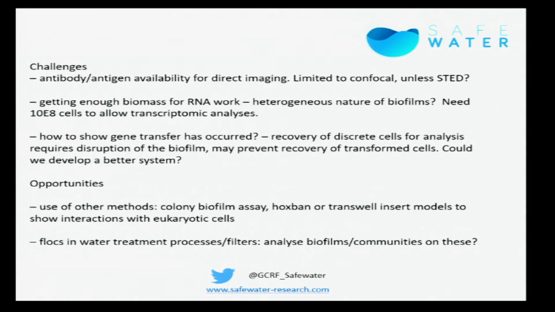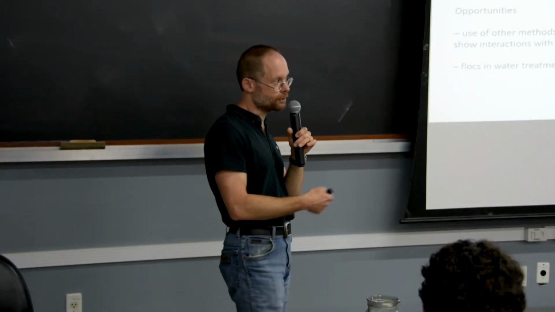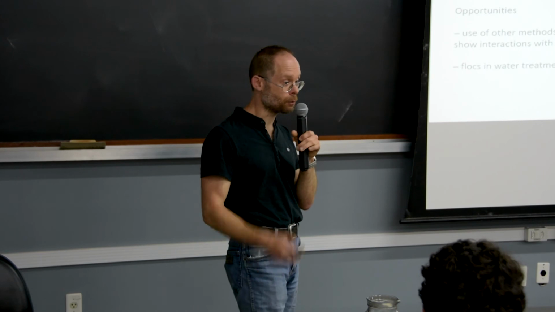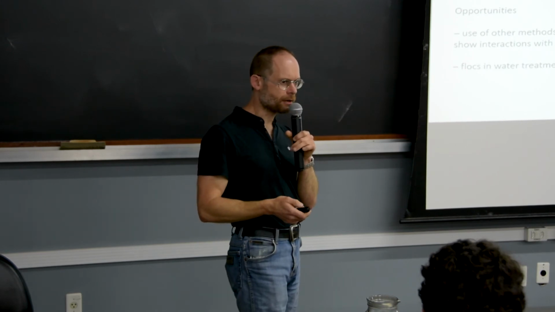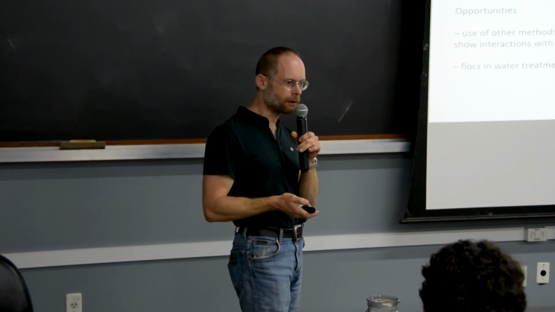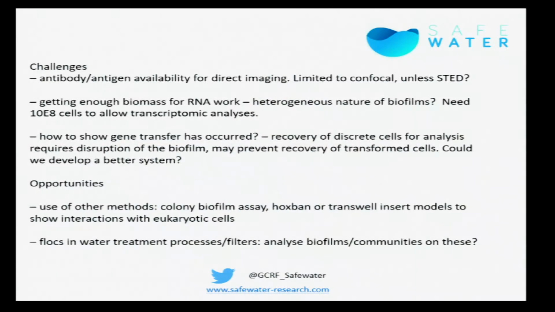And I think that's going to be a challenge, but we're going to try and find ways around it. And that's before we consider the heterogeneous nature of the biofilms. So the gene expression will be different throughout, so we may not get a representative answer if we do something like this. Again, we need about 10 to the 8 cells to allow this, and I don't know how many cells we can get out of a 96 well microtiter dish. So we might need to develop some new biofilm growth modalities.